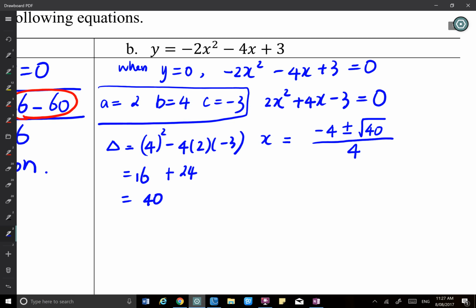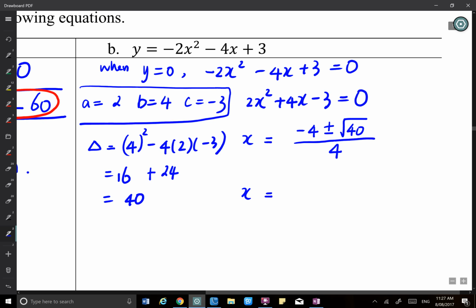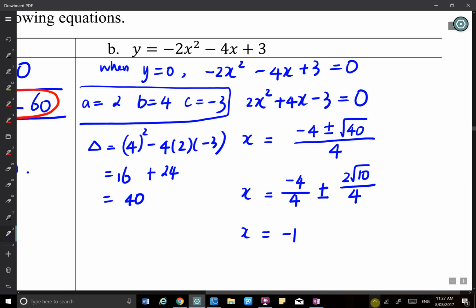So minus b plus minus the square root of b squared minus 4ac, the square root of the discriminant, over 2a. I'll separate that: minus 4 over 4 plus minus square root 40 over 4. Square root 40 is 2 square root 10. Minus 4 divided by 4 first, and plus minus square root 40 divided by 4. I will have x equals minus 1 plus minus root 10 over 2.